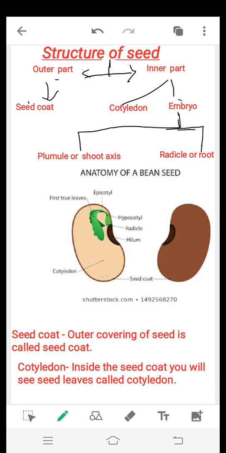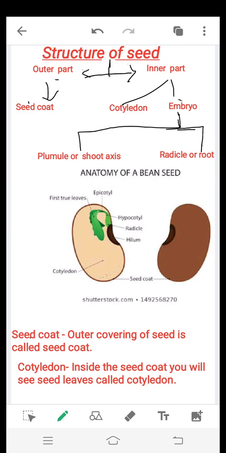In the gram seed, there are two cotyledons, so this gram seed is called a dicot seed. But in some seeds, there is only one cotyledon, so they are called monocot seeds. So you can divide seeds into two categories on the basis of cotyledons: monocot seed and dicot seed.